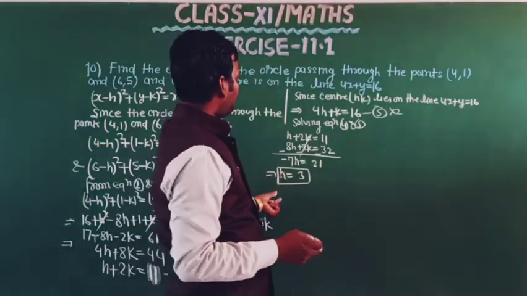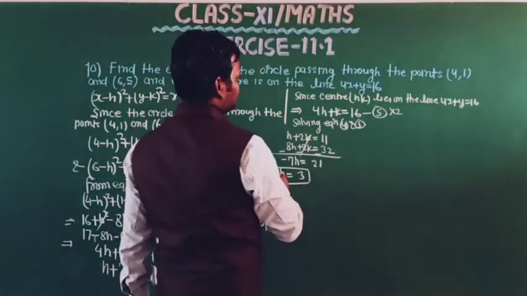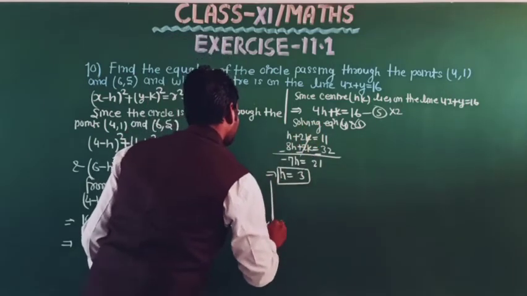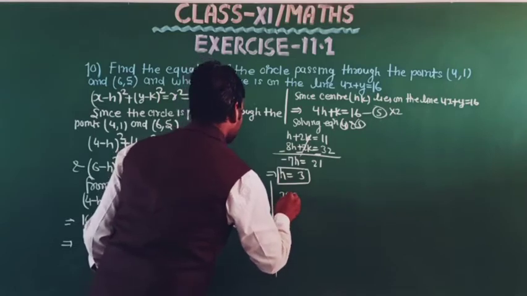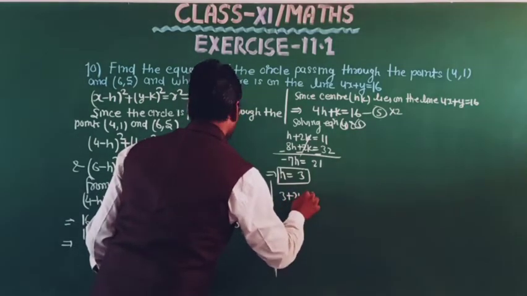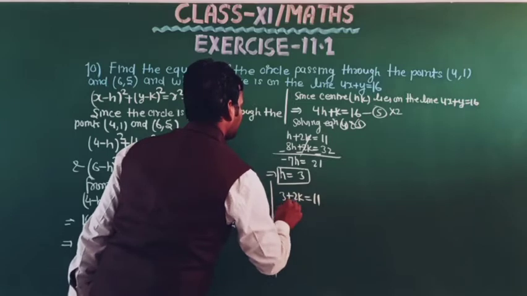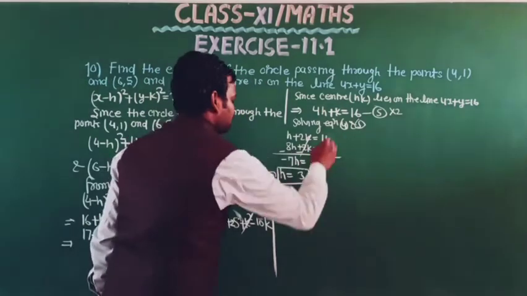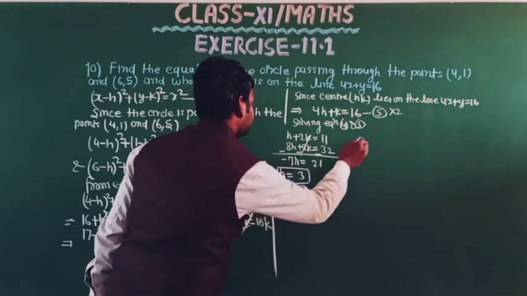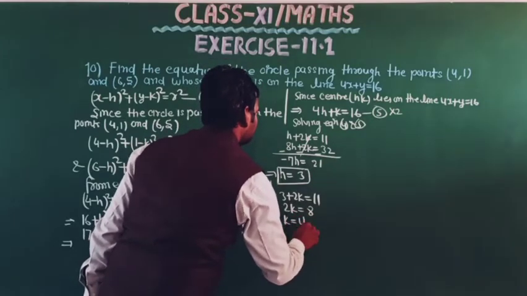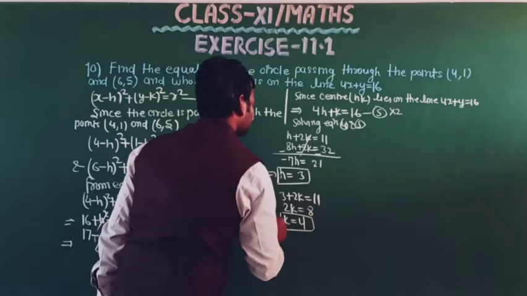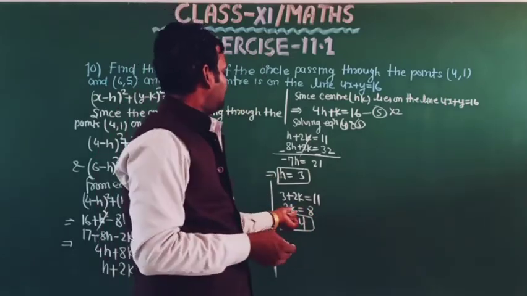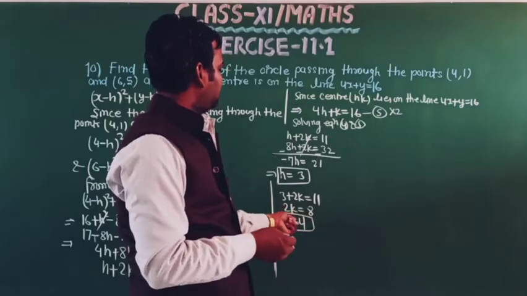Now we have to find the value of k after substituting the value of h in equation 4 or 5. So this is 3 + 2k = 11, 2k = 8, and k = 4.